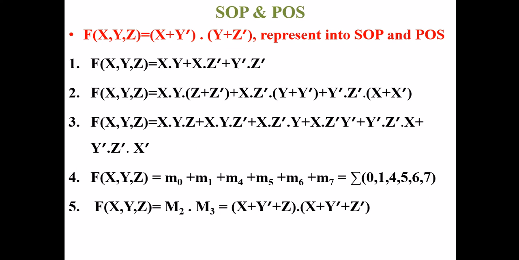Now the missing terms left are only 2 and 3. So 2 and 3 will be your max terms, that is x plus y complement plus z multiplied by x plus y complement plus z complement. So in this way you will get the max terms 2, 3.